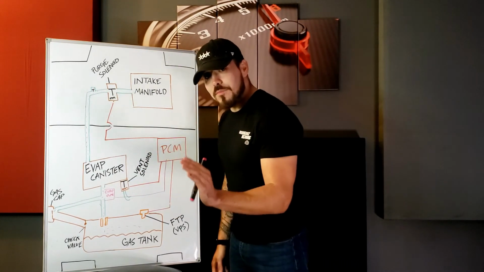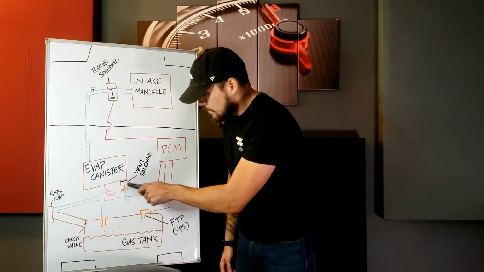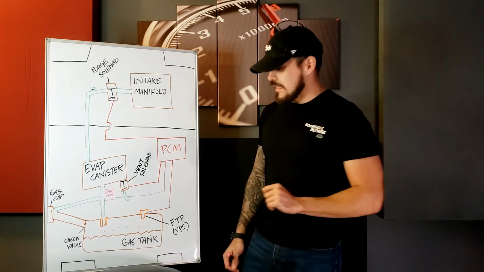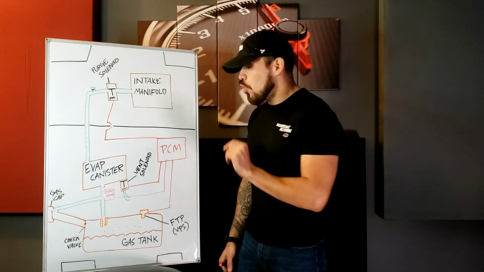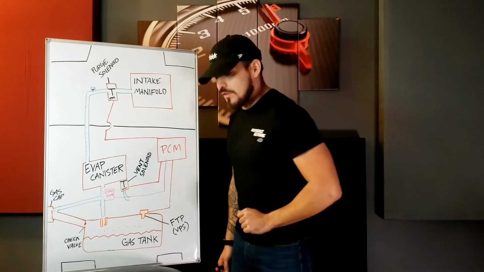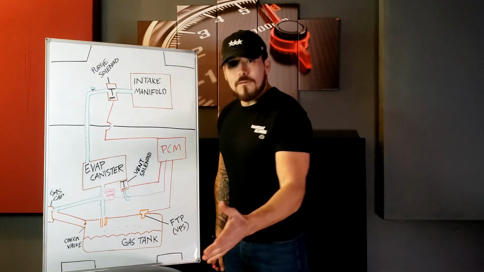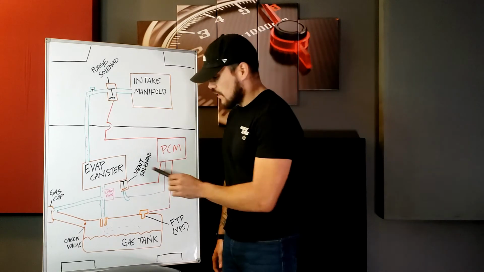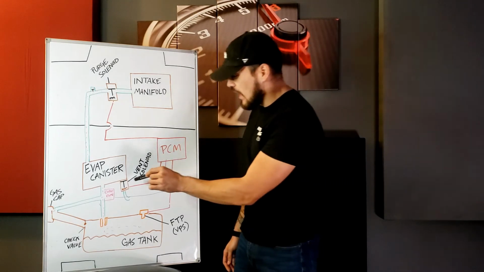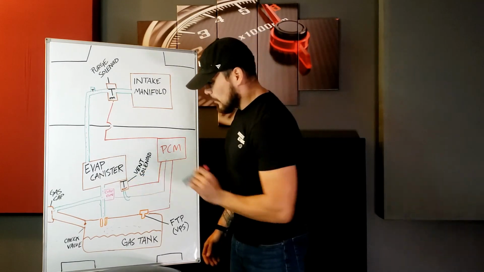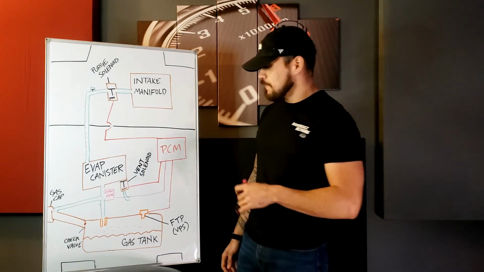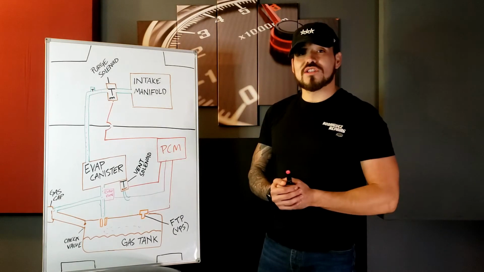If the computer opens the vent solenoid, there should be an instantaneous change in vacuum or change in pressure, because if the system's under pressure or under vacuum and you open a point of sealing, which is the vent solenoid, the pressure should instantaneously change, and the computer is going to know that. And if there isn't an instantaneous change in pressure or vacuum when the vent solenoid is open, the PCM is going to set a vent solenoid code, saying that it's either stuck open or something like that.